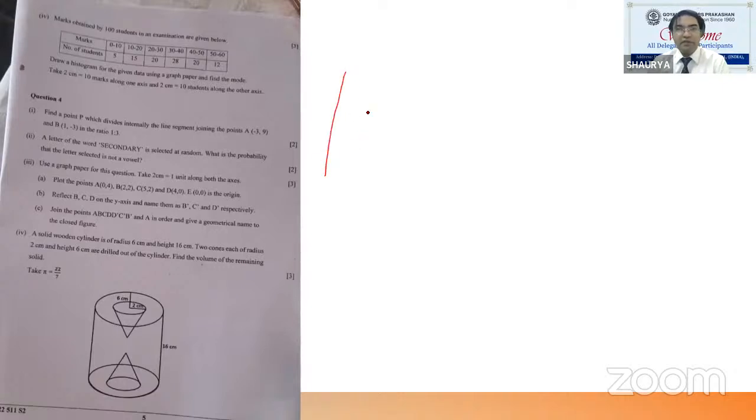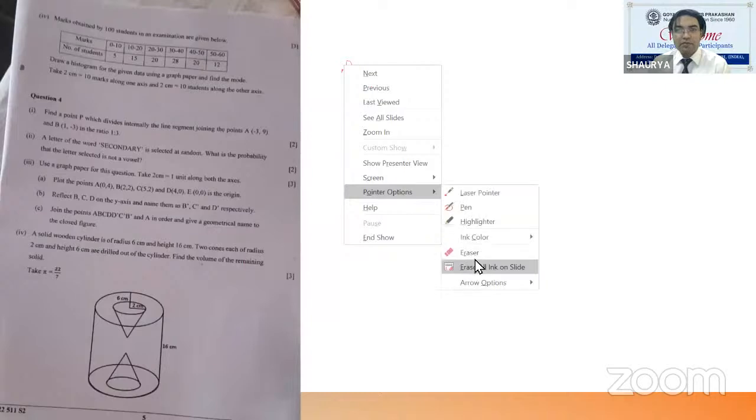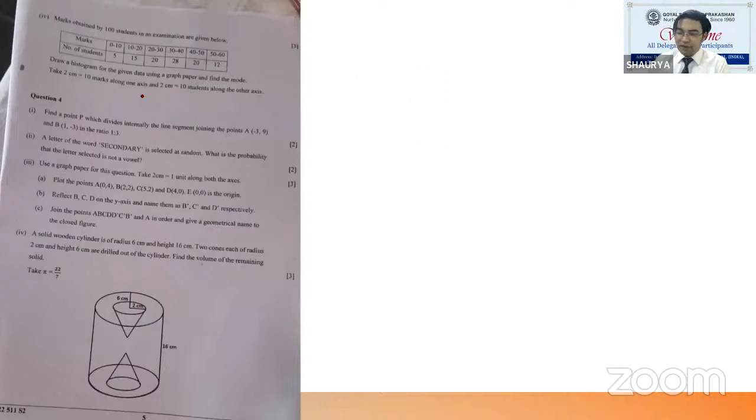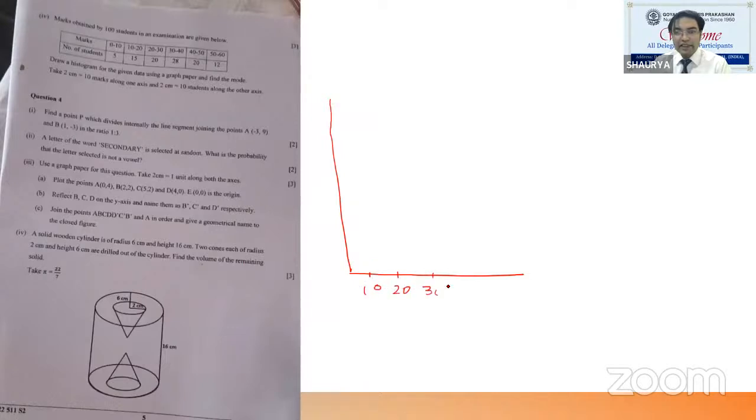What we do here, let's say we have a graph. So we'll have these intervals, like 10, 20, and so on on the x-axis.